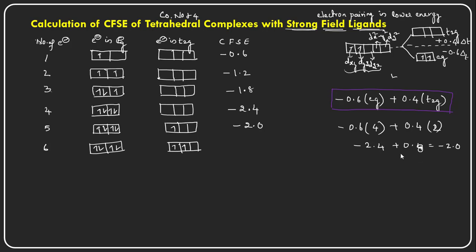Minus 2.4 plus 0.8, this will be minus 1.6, isn't it? Okay, minus 1.6. And the seventh electron, where will it enter?